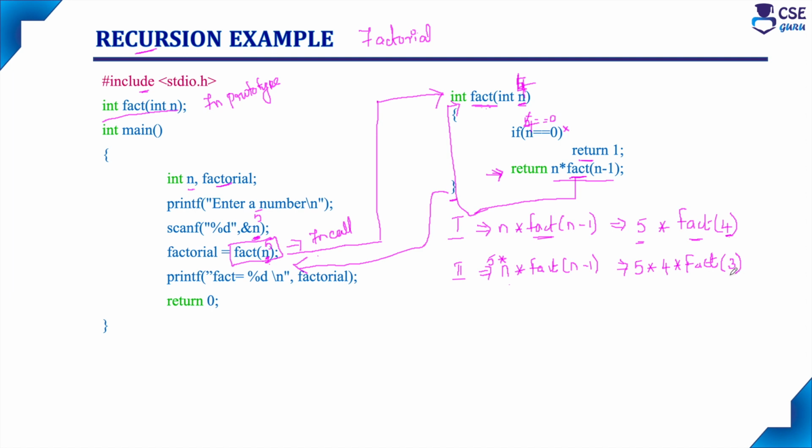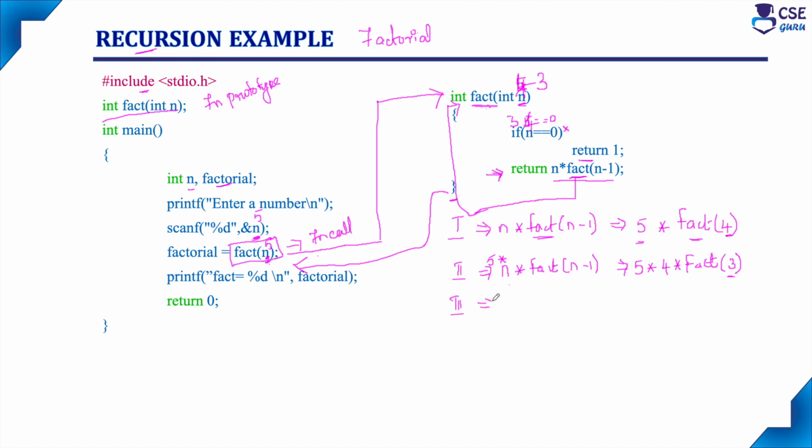Now again with n value 3, it will execute this user-defined function one more time. Check whether 3 is equal to 0; the condition fails, so it will execute this statement again. This is the third recursion.